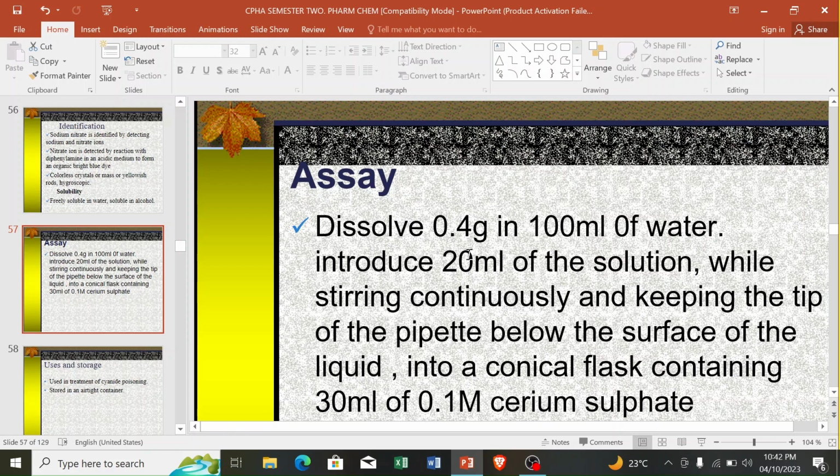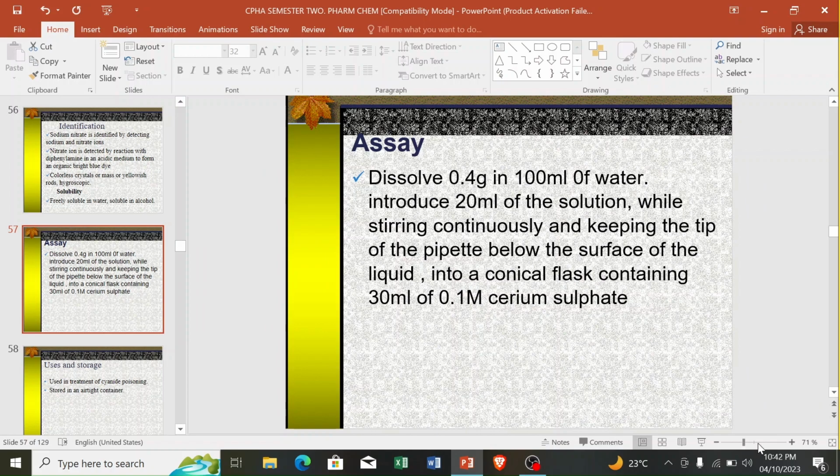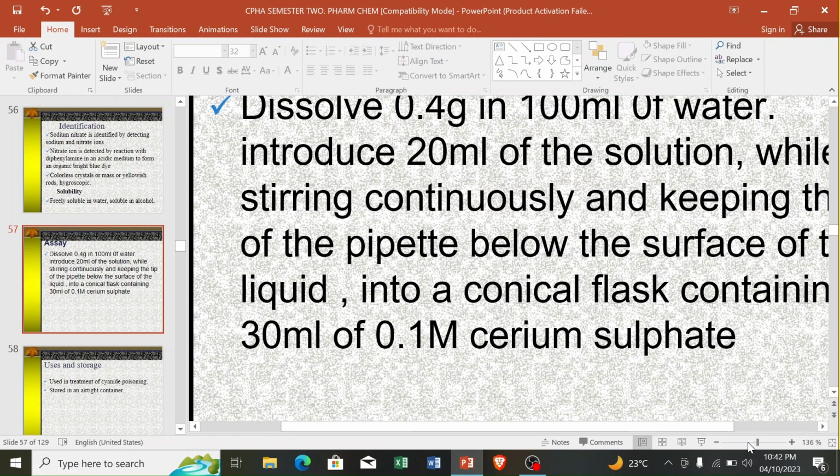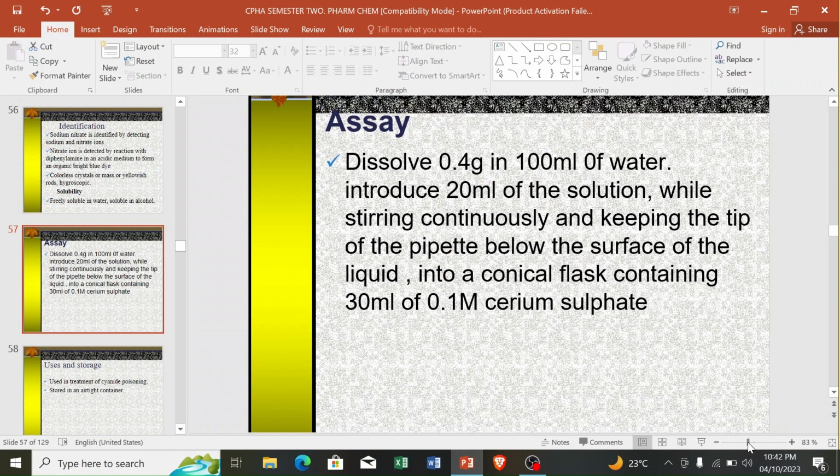Pharmaceutical assay, we said another word for it is quantitative analysis, and another word for that is titration. Okay, so here they are giving us what we need to add, what we need to have when we are carrying out this specific titration.